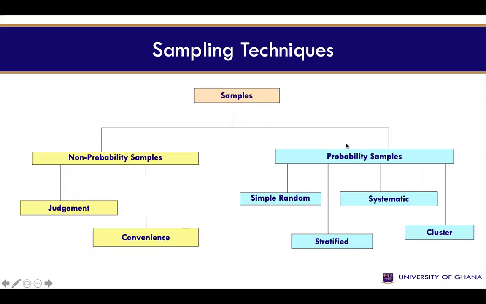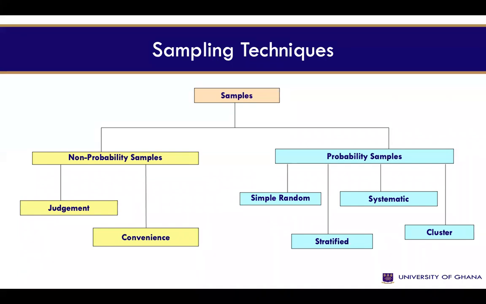So there are various forms of sampling techniques that we can use, and we have two broad techniques: probability sampling and non-probability sampling. Probability sampling techniques are done in such a way that each unit within the population has the same chance of being selected, right?